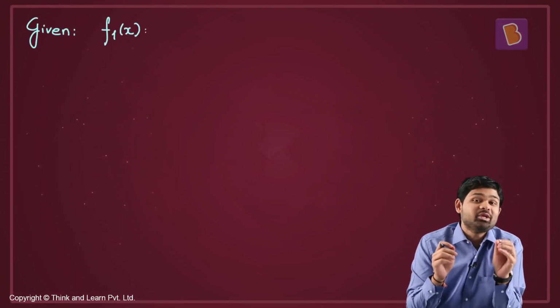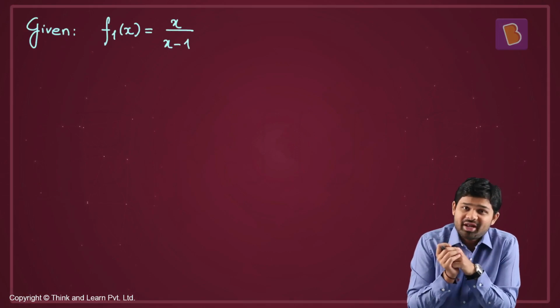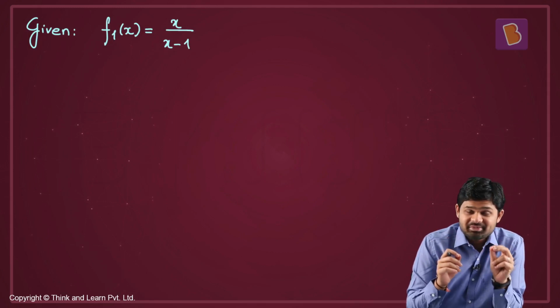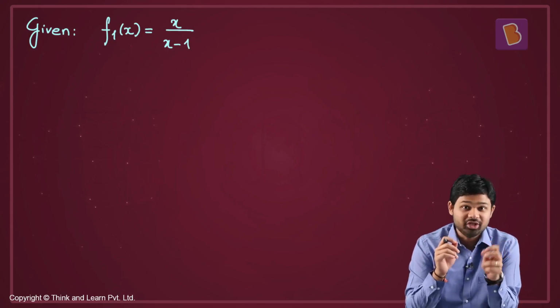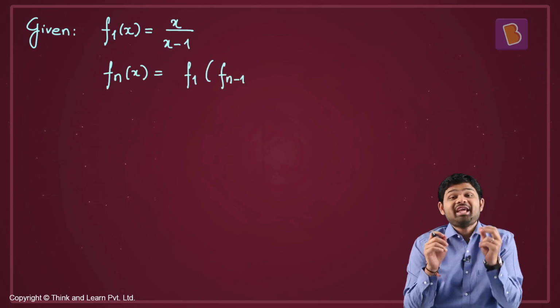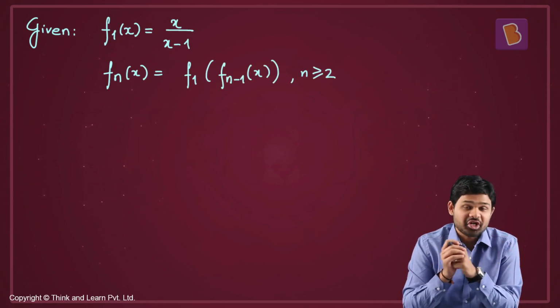So in this question, we've been given the value of f1 of x to be equal to x divided by x minus 1. So this is the expression for f1 of x. Further, an expression for fn of x has been given in a recursive fashion. They've told that fn of x is f1 of fn minus 1 of x, right? So this is a composite function here.